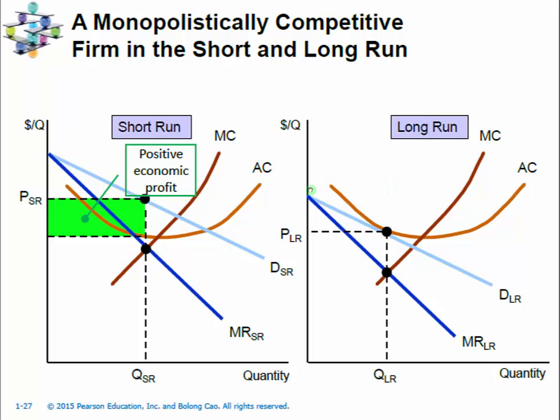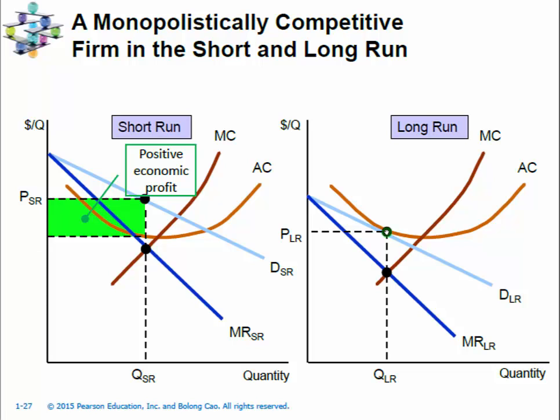We don't have to know exactly how the demand curve falls from this kind of position to this location that makes the profit maximizing quantity, price and average cost line up at this point. The point is that because we know in the long run, from free entry, the competitive feature of this market, no firm in this market should earn any positive economic profit, the price has to be equal to the average cost.